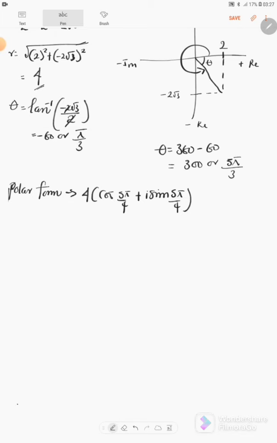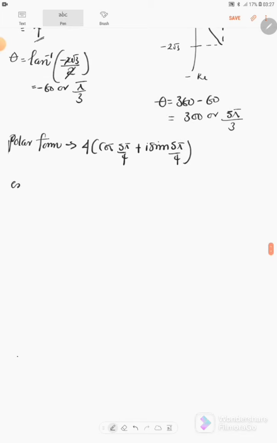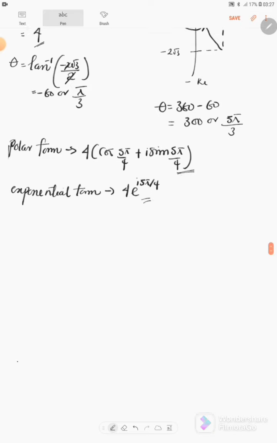That's our polar form. And our exponential form states that it's 4 exponential i 5 pi over 4. As you can see, it's not as hard as you think it is.